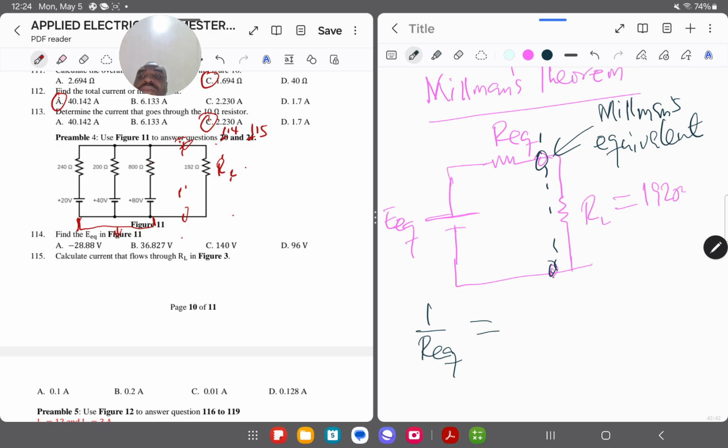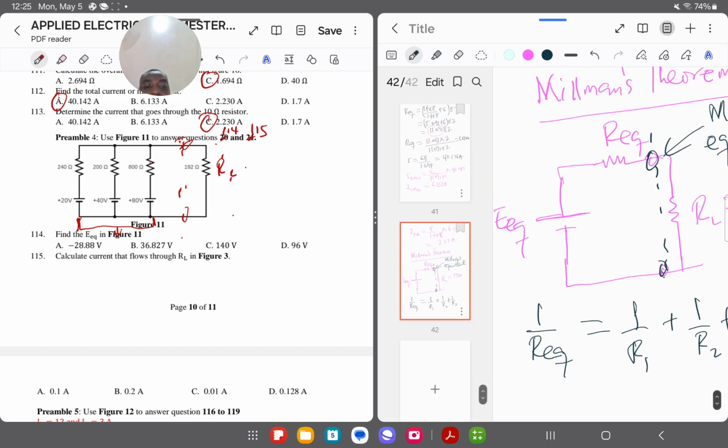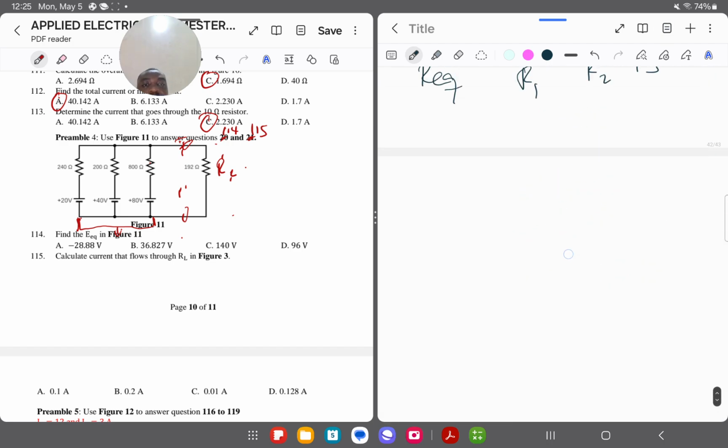So you think of them in terms of source transformation. So I now have 1 over R1 plus 1 over R2 plus 1 over R3, because they are all going to be in parallel. When we have done this, you just replace the resistors with the resistances that we are given.